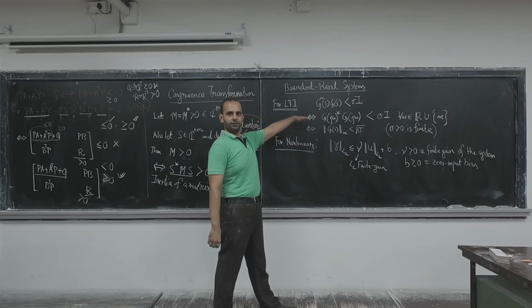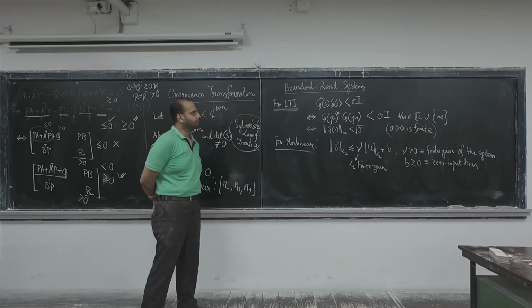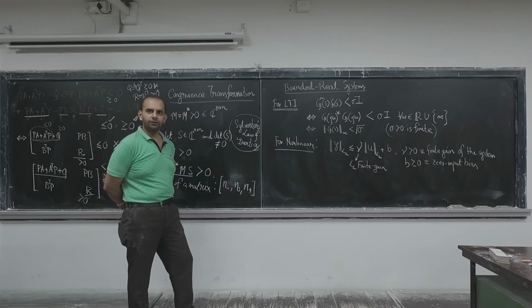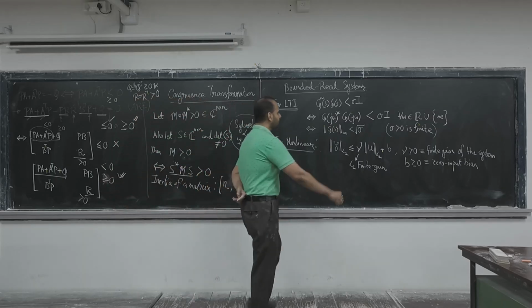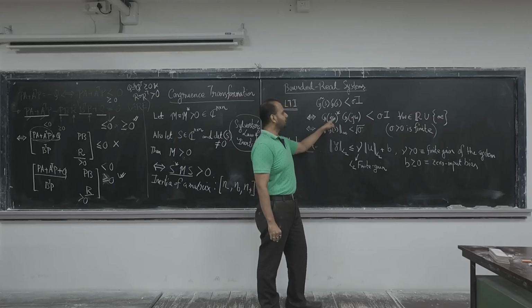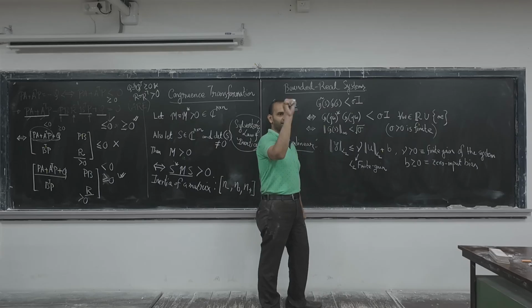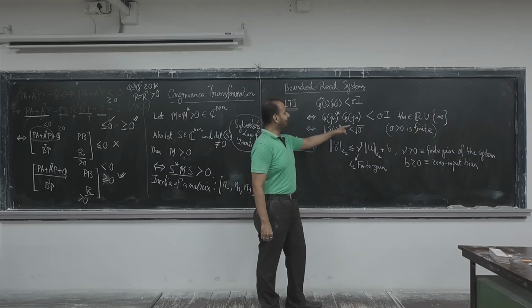Can you relate the first part with the definition of the H infinity norm? For any transfer function or transfer function matrix, if you can represent it in this form, that is G(jω)* times G(jω) is less than or equal to some gain times the identity matrix, that is the signature of a bounded real system.